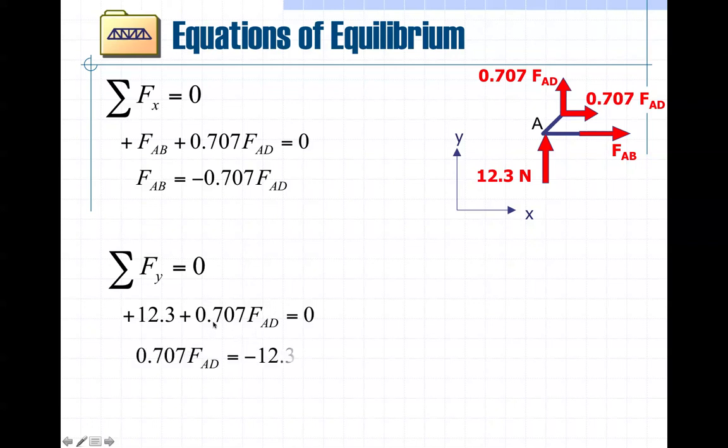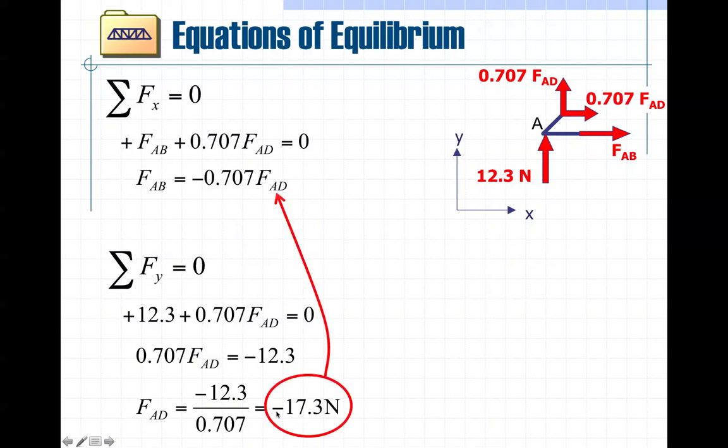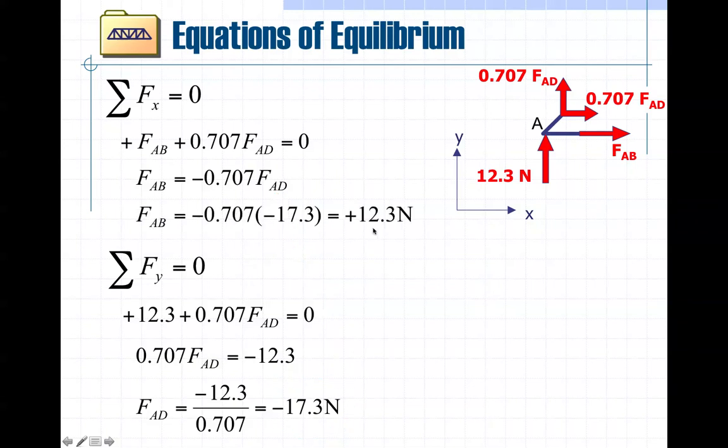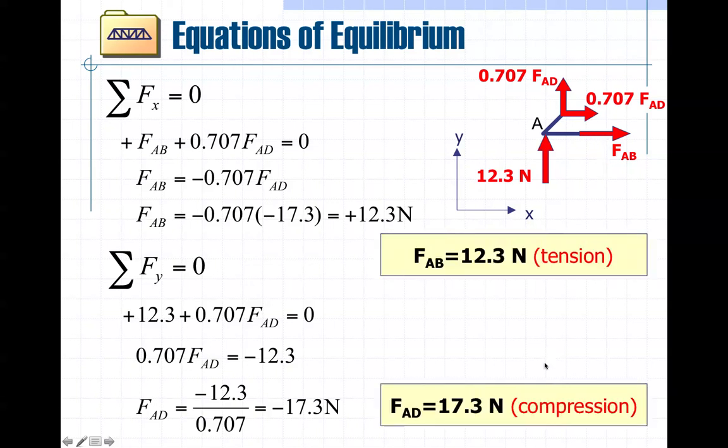And I had assumed that it was in tension, but it came out negative, so I know, therefore, that it's in compression. And when I stick it back up here, I come out with AB. AB is positive, right? So that's in tension, and this is in compression. Okay.